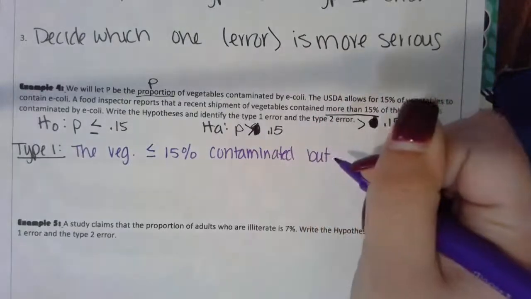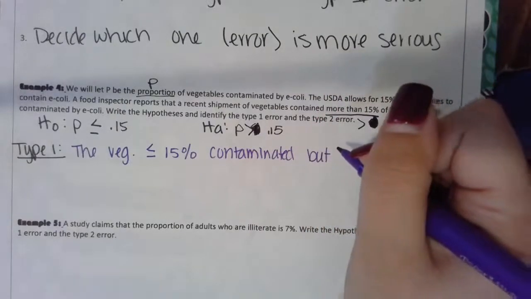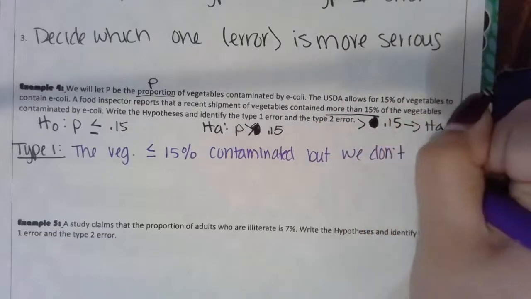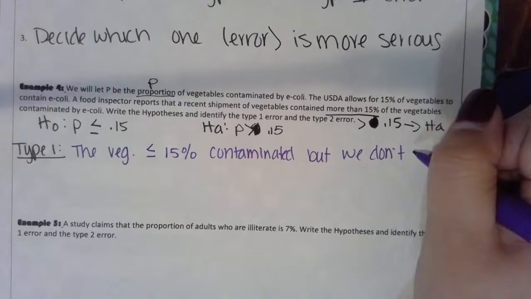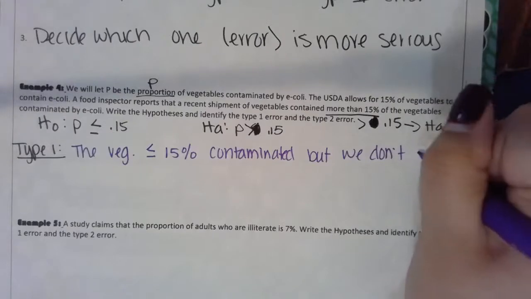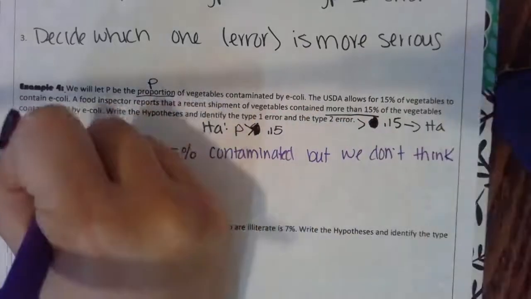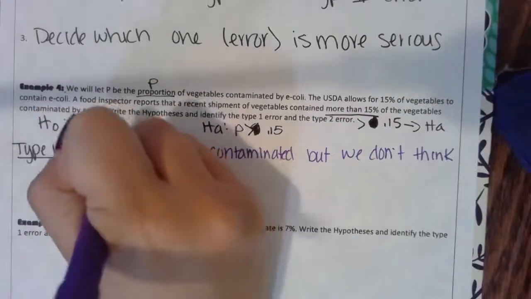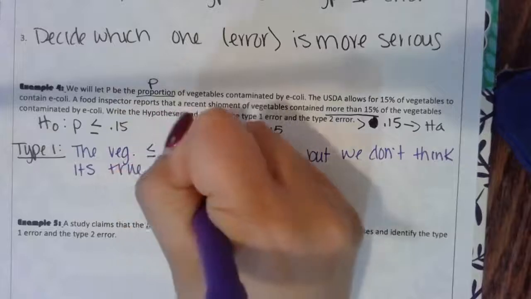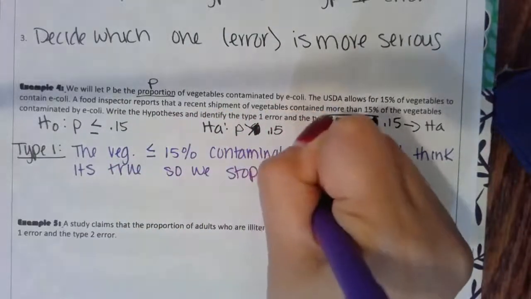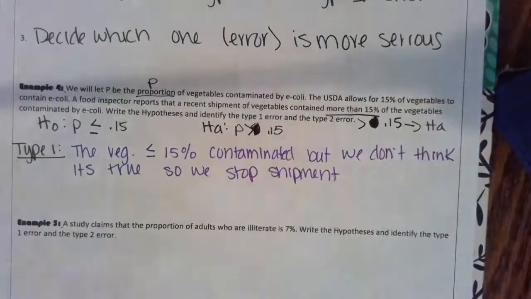This is true, so it turned out that yes, this was true, but we don't think it is. So it is true, but we're like, no, we're pretty sure more than that are contaminated. So when you think more than that are contaminated, then you don't ship. You'll stop that shipment if there's more. You can't ship it out to other people because then you risk giving them E. coli. That'd be a type 1 error.